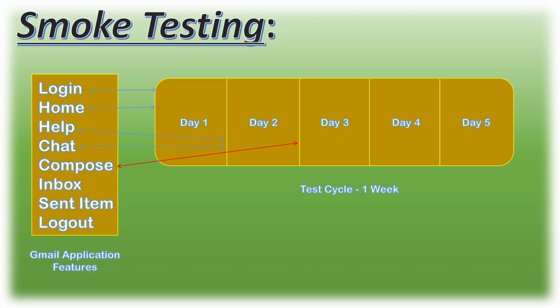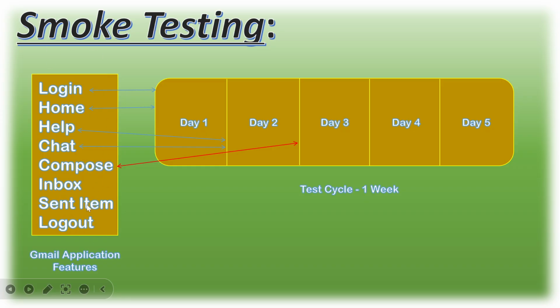So I have taken one example of Gmail application features. As you can see in the diagram, suppose some features have been developed in one test cycle, like in our sprint: login, homepage, help page, chat, compose, inbox, sent item and logout.